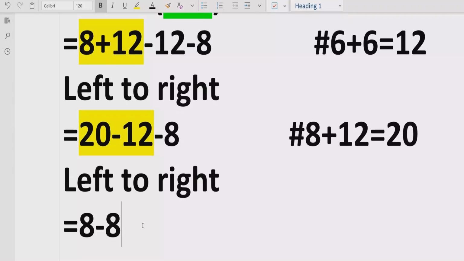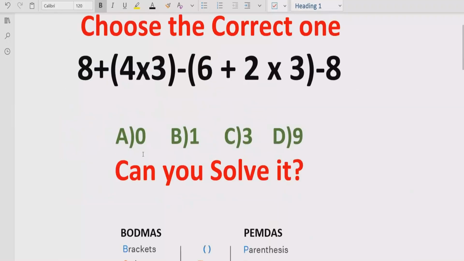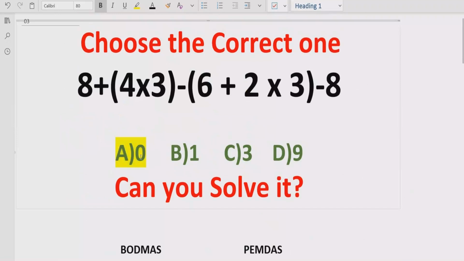And here we will write minus 8. Here we give the reference: 20 minus 12 equals 8. Now we have two terms which are subtracting each other, so we subtract both of them and get the answer 0. The answer of the given expression is 0. If you see the answer list, answer A is the correct answer of this expression.